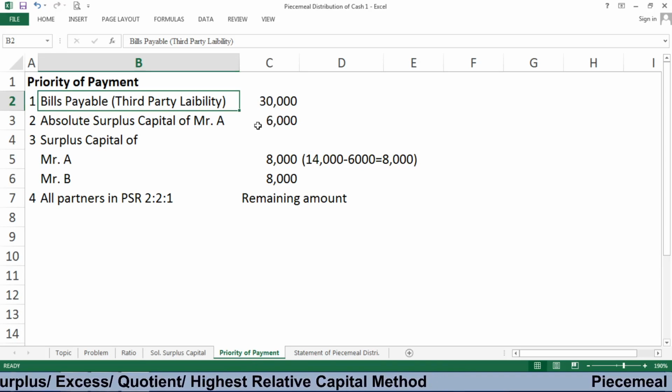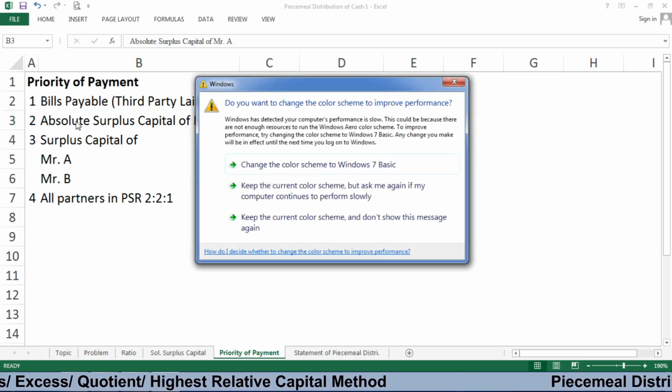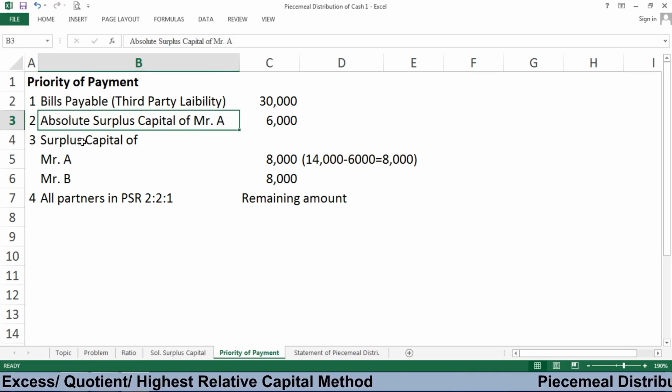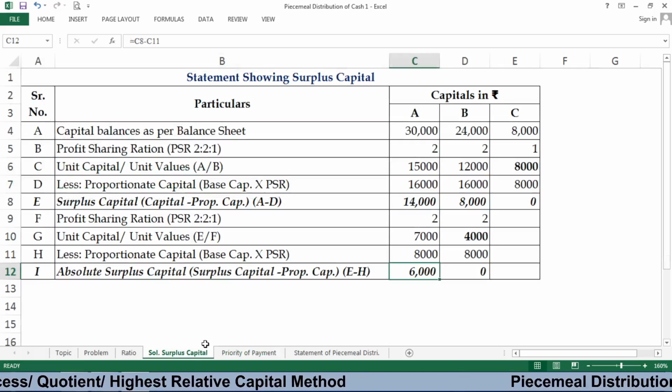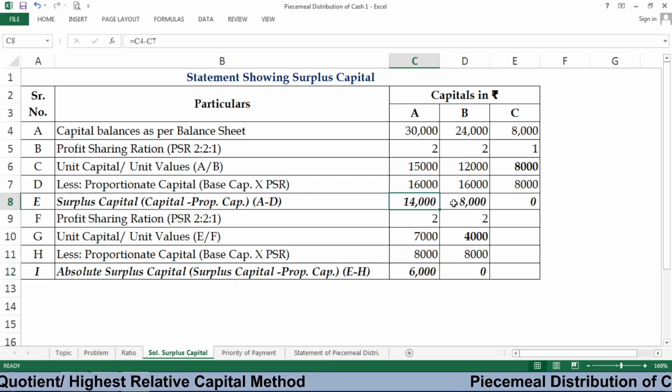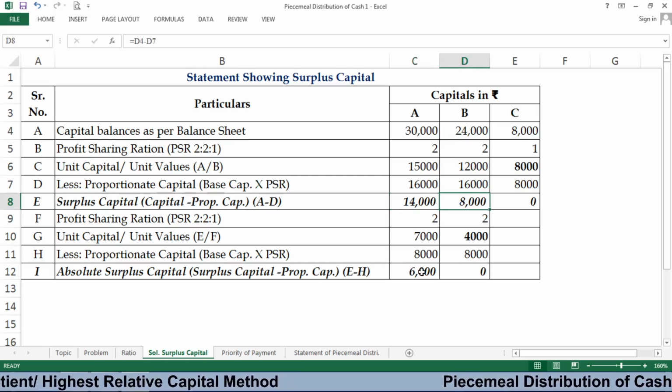Then the right of Mr. A is more, that is 6,000. He will get 6,000 as his absolute surplus capital. Then surplus capital of Mr. A and B. Here we calculate A's absolute surplus is 6,000 and surplus is 14,000 and B's surplus is 8,000. So when we will give 6,000 to Mr. A, after that in the second step he will get 14,000.